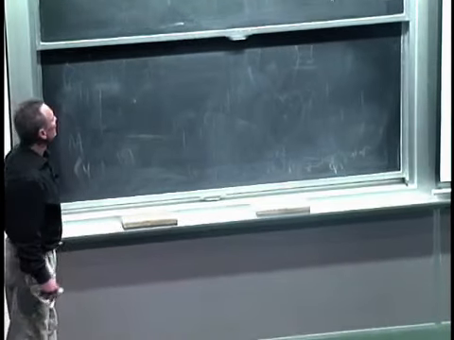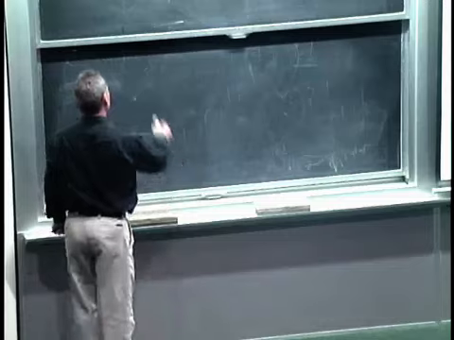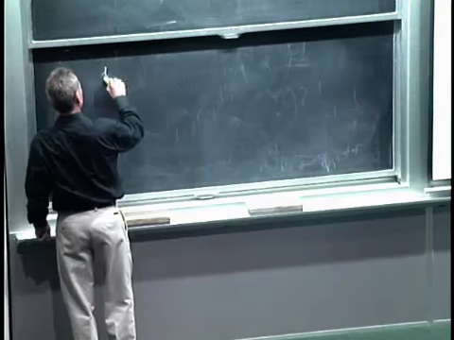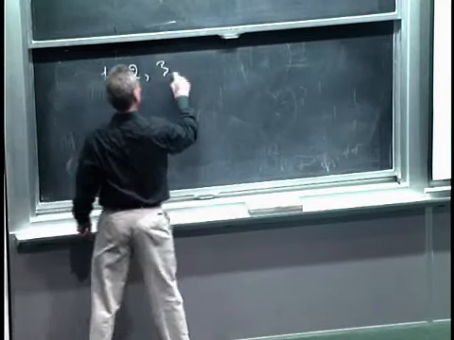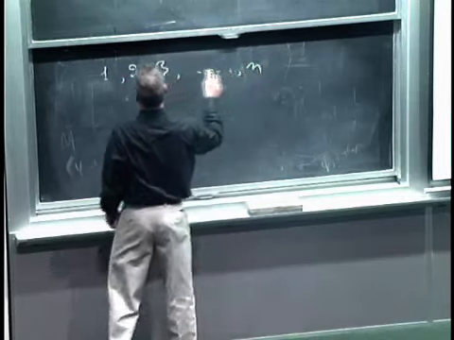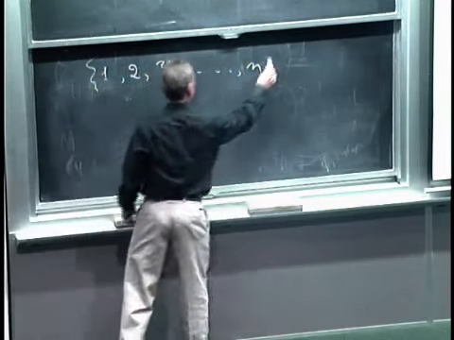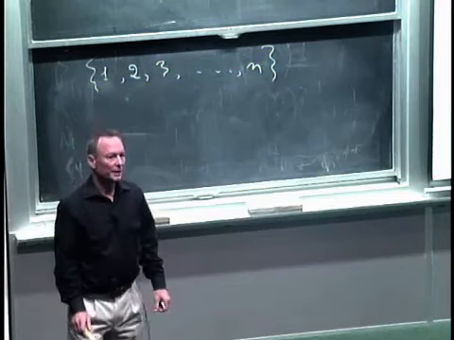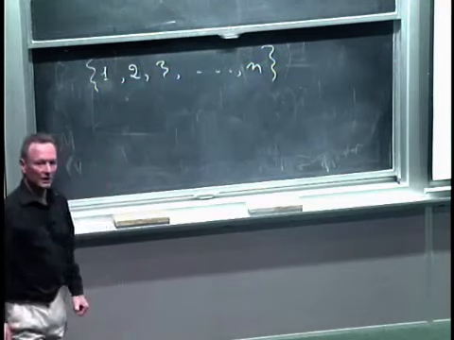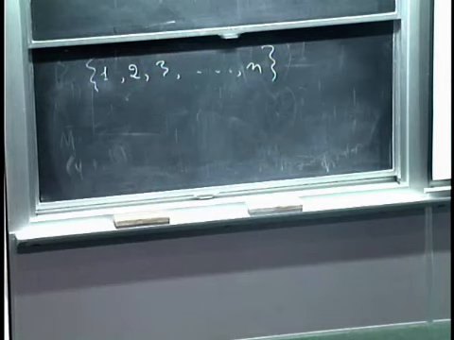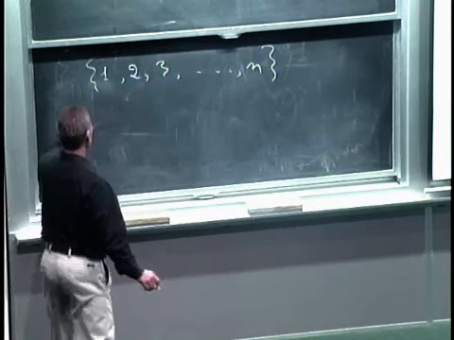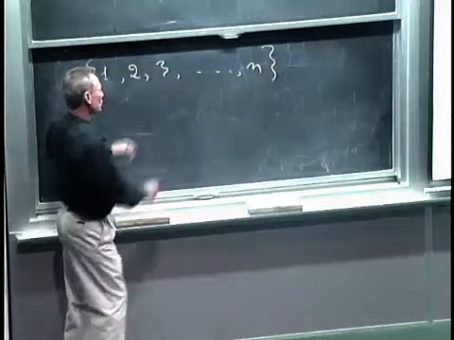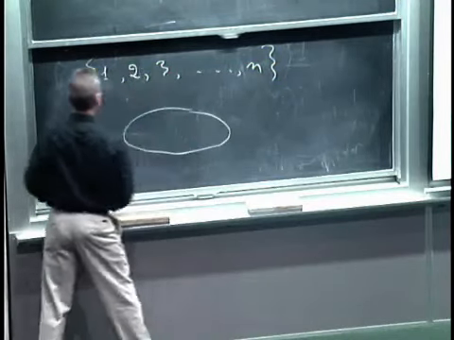Now, a different question. We have n elements. Let's say the elements are 1, 2, 3, up to n. And it's a set. And we want to create a subset. How many possible subsets are there? So picking a subset means looking at each one of the elements and deciding whether you're going to put it in the subset or not.